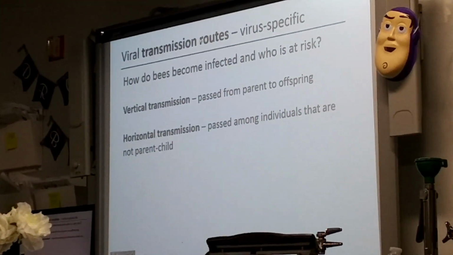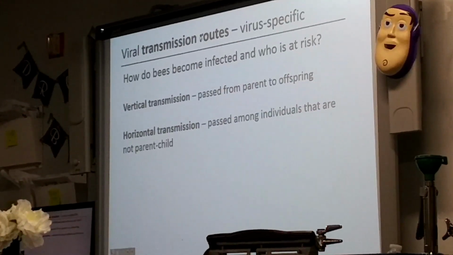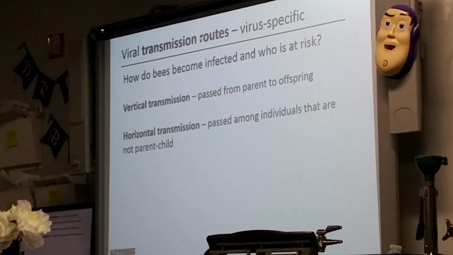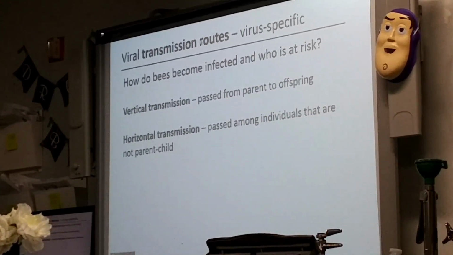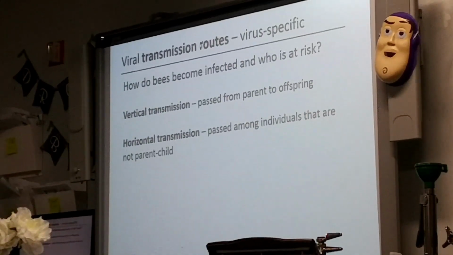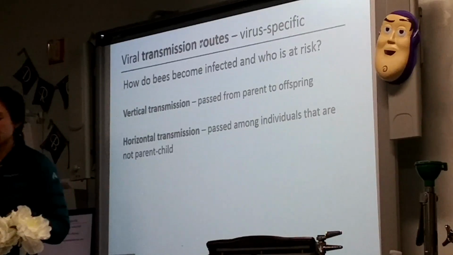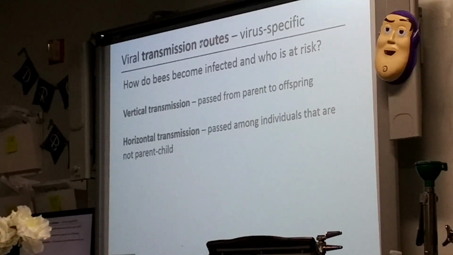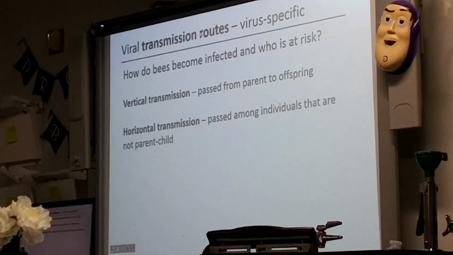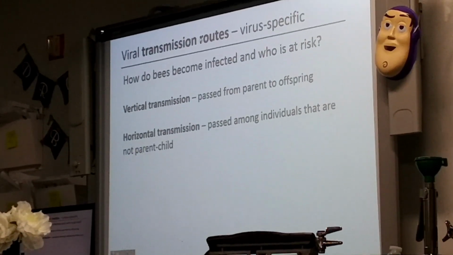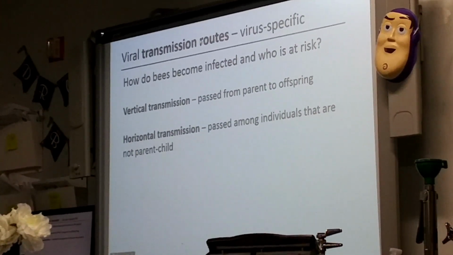Okay, one of the things that I think is important to note with honeybee viruses, and this comes back to the importance of varroa mite control, is that there are different transmission routes to viruses. Different individuals get exposed, and the viruses can be transmitted in different ways, and that can often impact the symptoms of the virus.